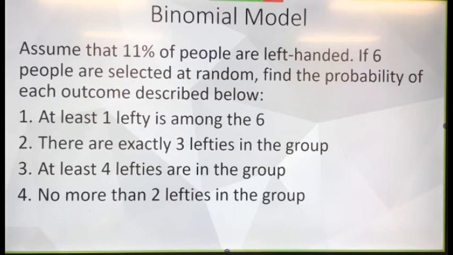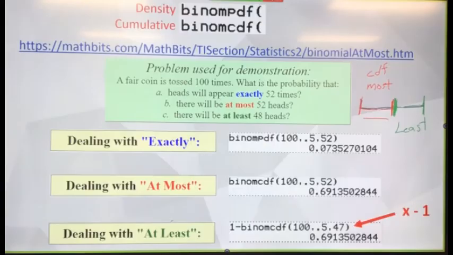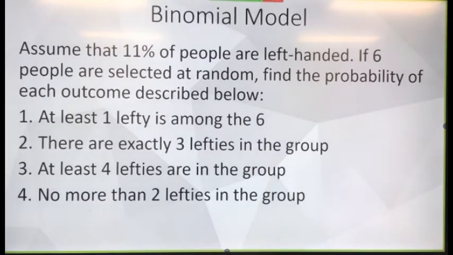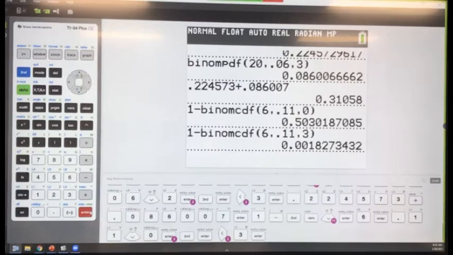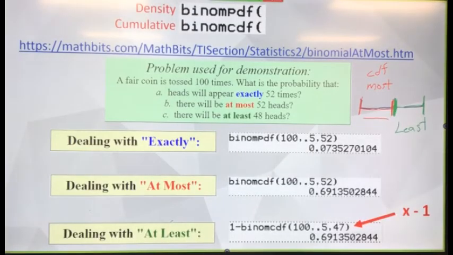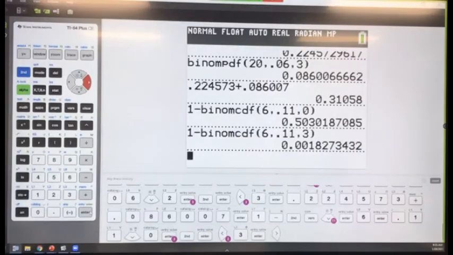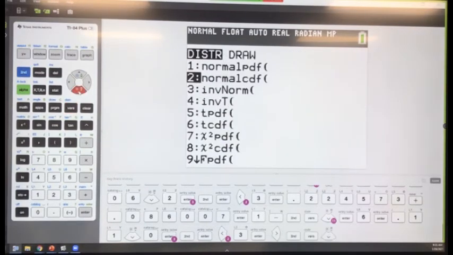Number 2, there are exactly 3 lefties in the group. See if you can solve this. There are exactly 3 lefties in the group. Remember what you use for exactly. For how many? 3.